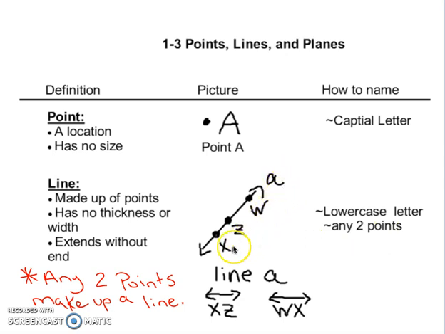So line A has points X, Z, and line A also has points Z, W. This is showing you line A, X, Z. We could also say that line A has the points W, X. And you could see that a line has arrows on both ends because it extends without end.